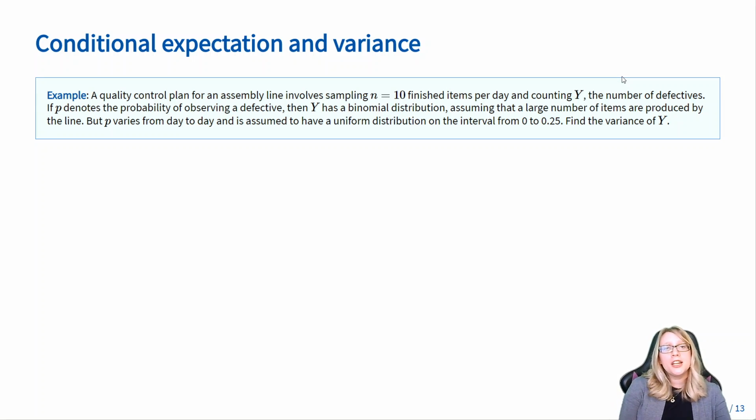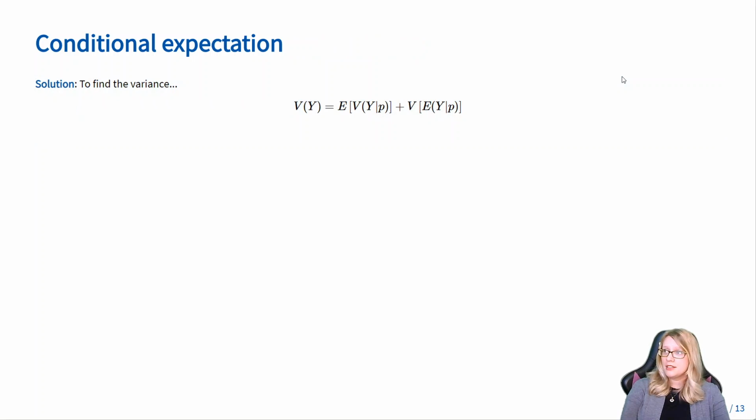Let's find the variance of Y with this. So to find the variance, we're going to take the expected value of the conditional variance plus the variance of the conditional expectation. So the variance of a binomial is n times p times 1 minus p. So we have the expected value of np(1 minus p) plus the variance of np.